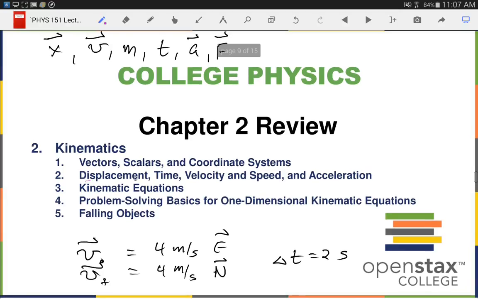Okay, additional words. We've talked about displacement, time, velocity, speed, and acceleration, so I guess I can stop there. The kinematic equations. You will be given the Pythagorean theorem. You'll be given the definitions of sine, cosine, and tangent for a right triangle. I'll go ahead and put on the law of sines and law of cosines because, well, we found that especially the law of sines can be useful.